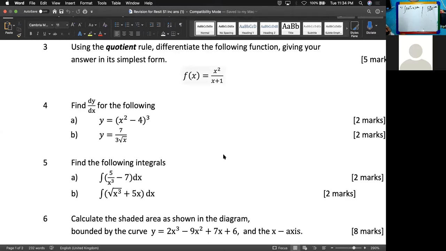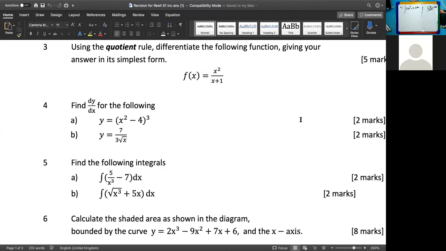Okay. Now remove the screen share and see my screen. Can you see my screen? Yeah, I can see.